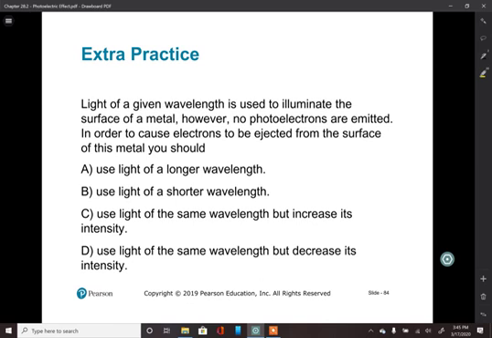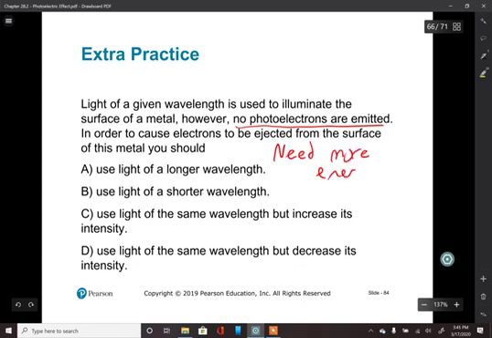Okay, so we have a wavelength that does not get the photoelectric effect to happen, and we want to make it happen. That means we need light that has more energy. So we need more energy. That's what that is telling us. These two, intensity, that doesn't affect the energy.